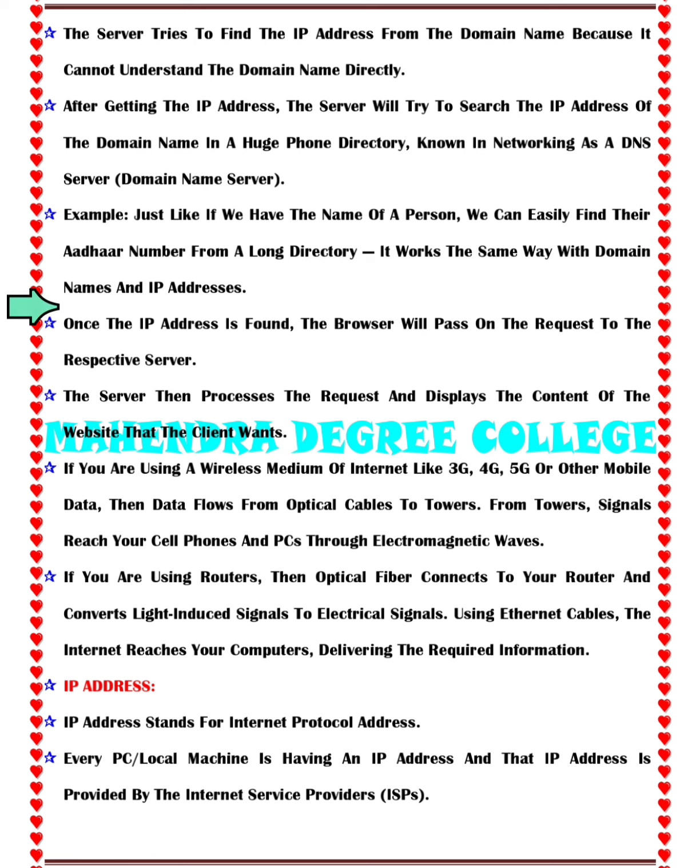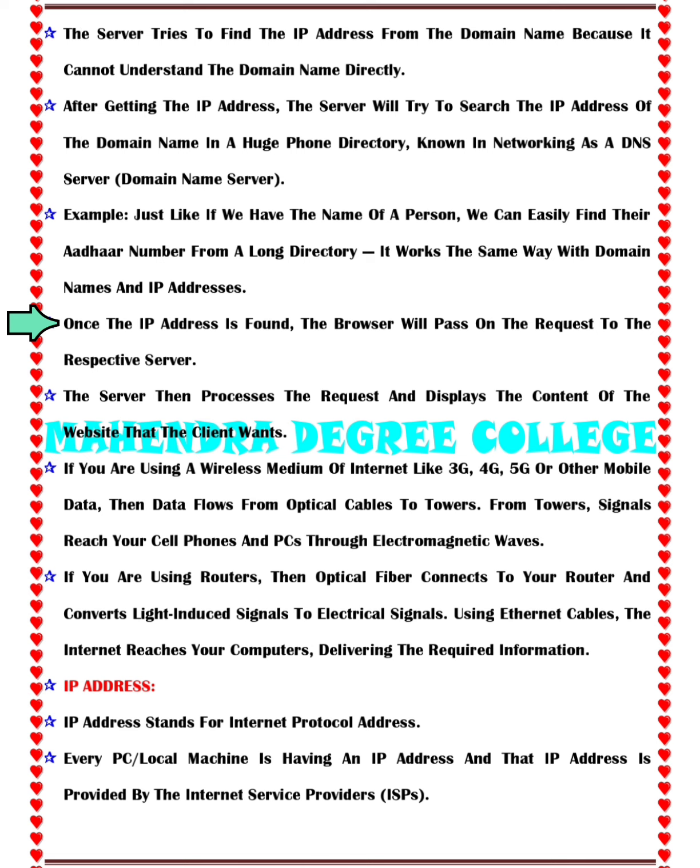Once the IP address is found, the browser sends the request to the respective server. The DNS server returns the IP address of the website. The browser uses this IP address to locate the correct server.